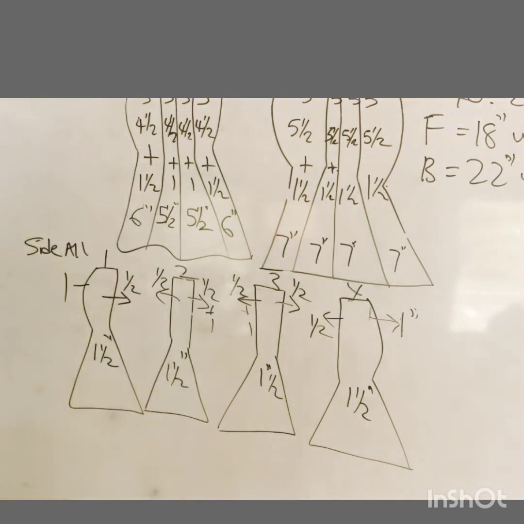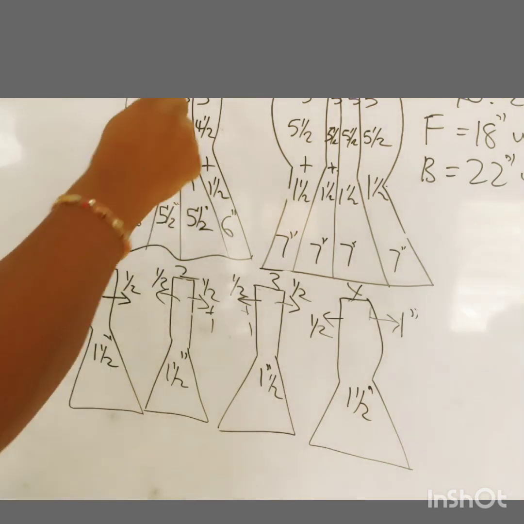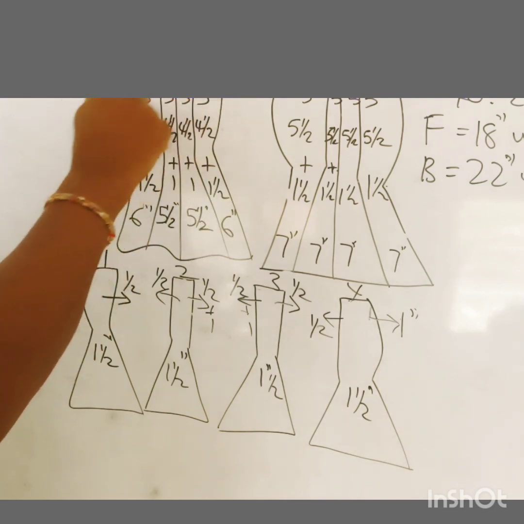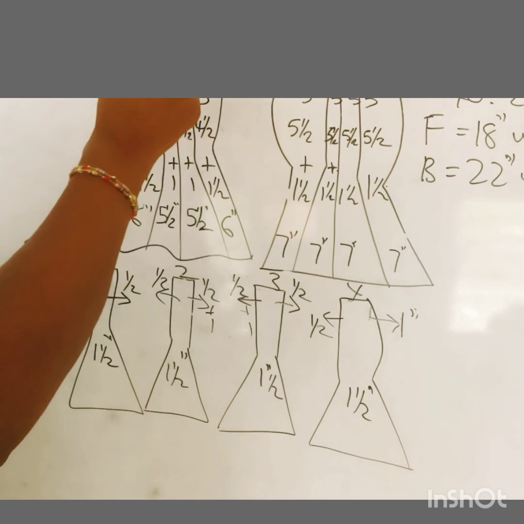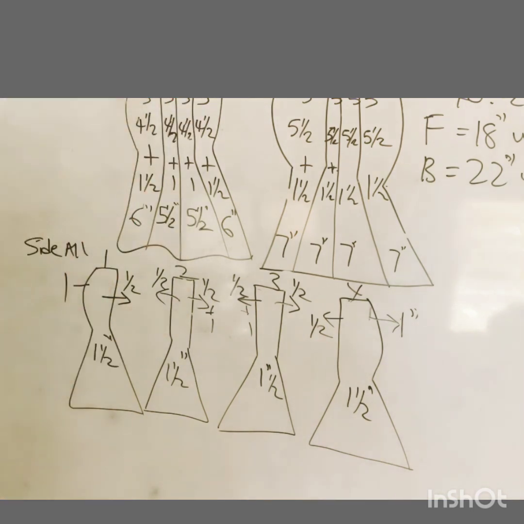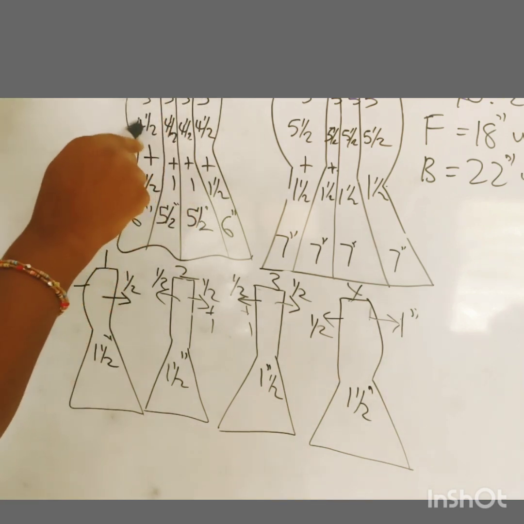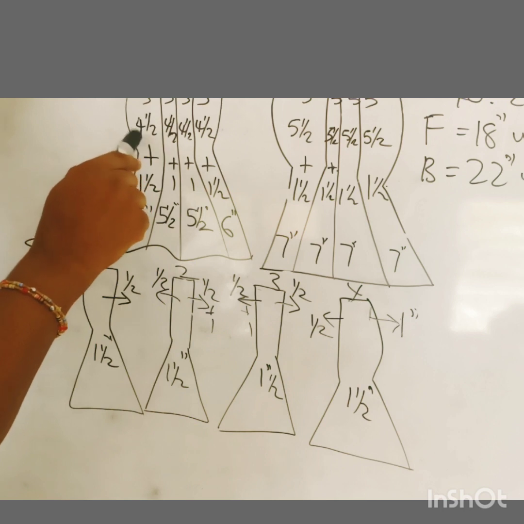Now another thing, one last thing I want to explain before we call it a day is that if you do not want the front, the middle to be smaller than the side, the way that we did from the beginning, you subtract 1 from here and add it to the side.